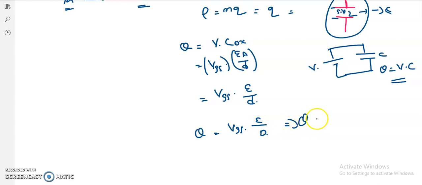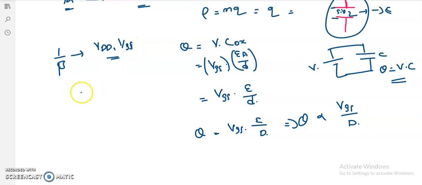So here I am taking that the charge or charge density is directly proportional to VGS divided by D. While coming to the scaling factors, as I told, 1 divided by beta is the scaling factor we are going to use for the supply voltages, like VDD or VGS. And 1 by beta is also used for the thickness of the silicon dioxide, as we already discussed previously.